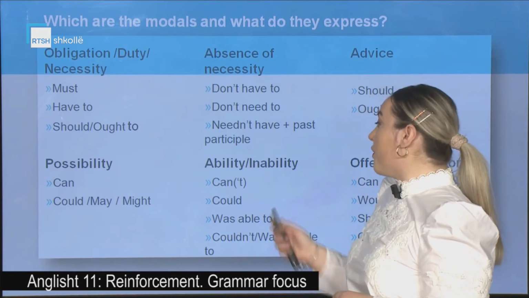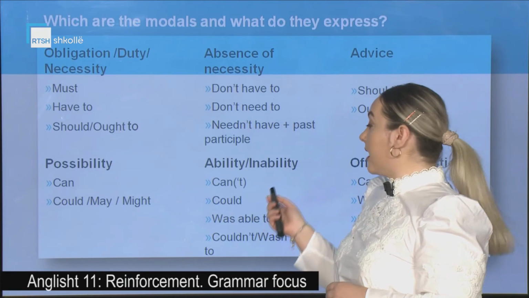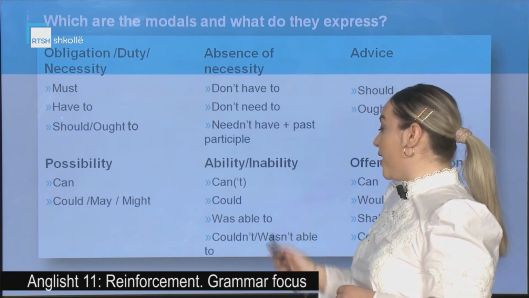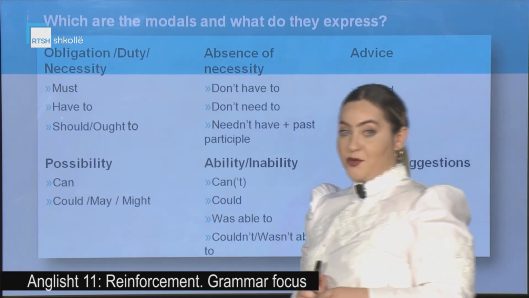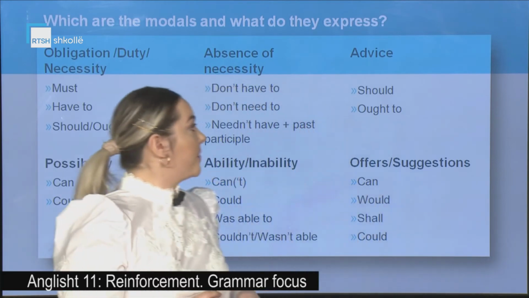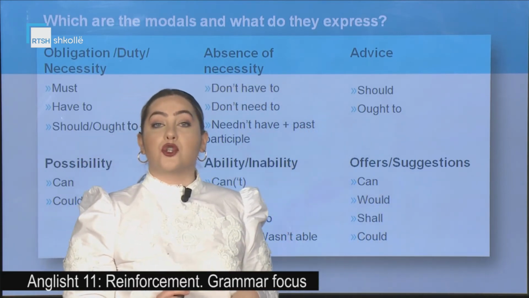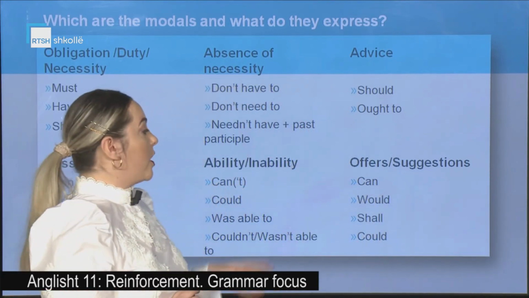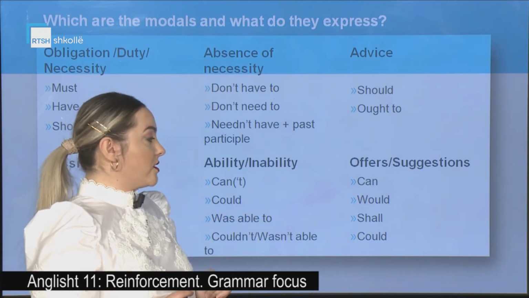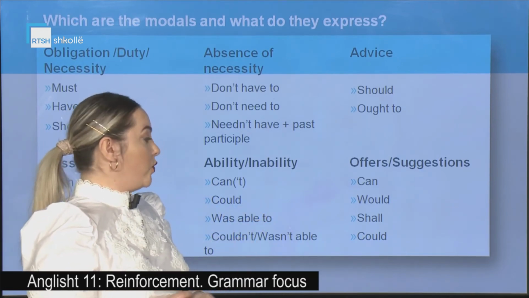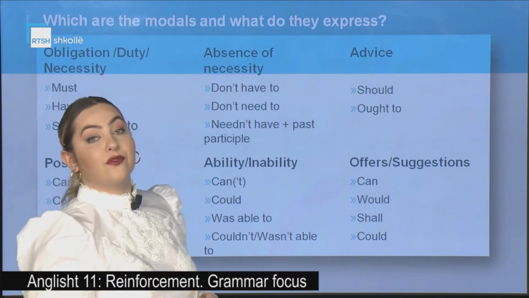For ability or inability, we use can, could, was able to, can't, couldn't, wasn't able to. Also, for advice, we use should or ought to. For offers or suggestions, we use can, would, shall, or could.